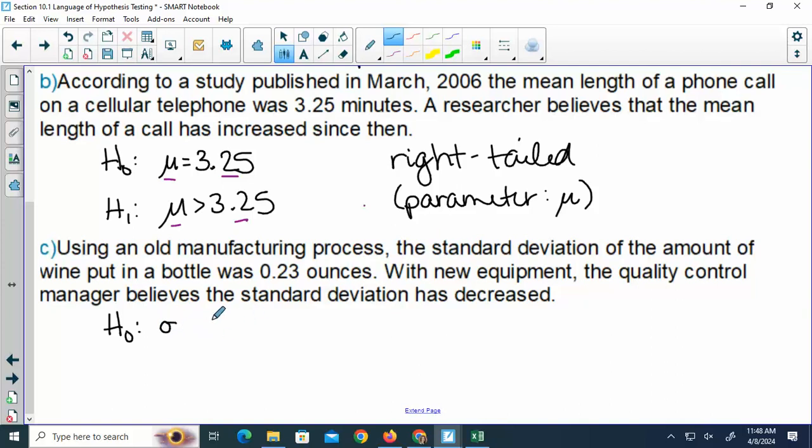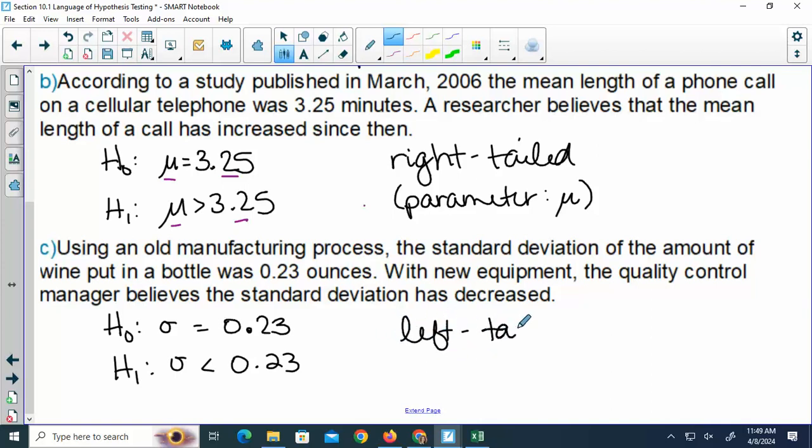So standard deviation was equal to 0.23. The alternative would be less than. What kind of test is that? And what's my parameter?